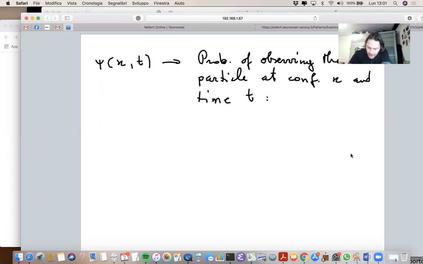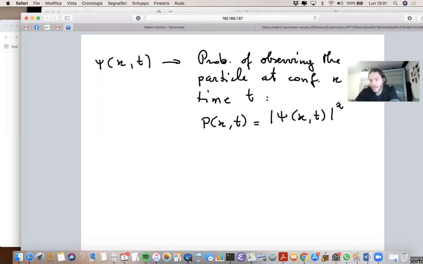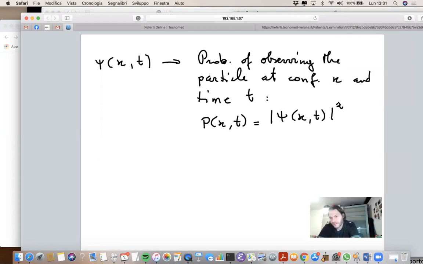And in order to get that, all you have to do is to take the square modulus of the wave function. I think at this point I've discussed this fact many times.